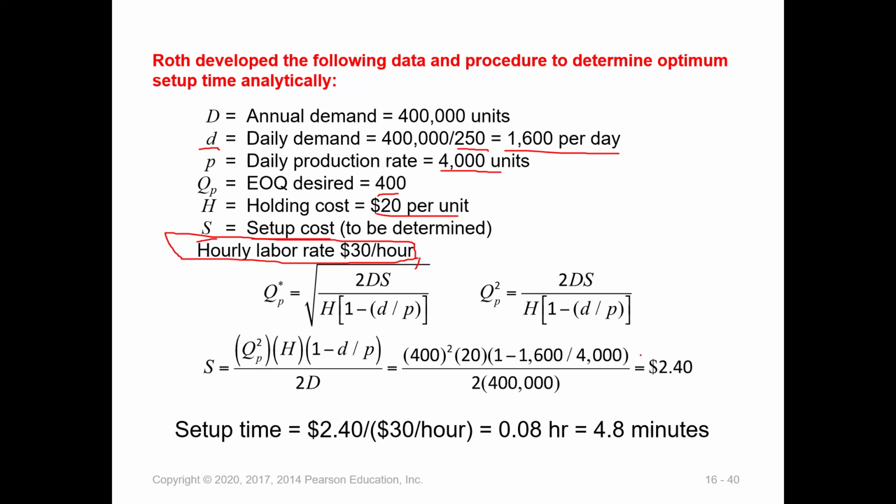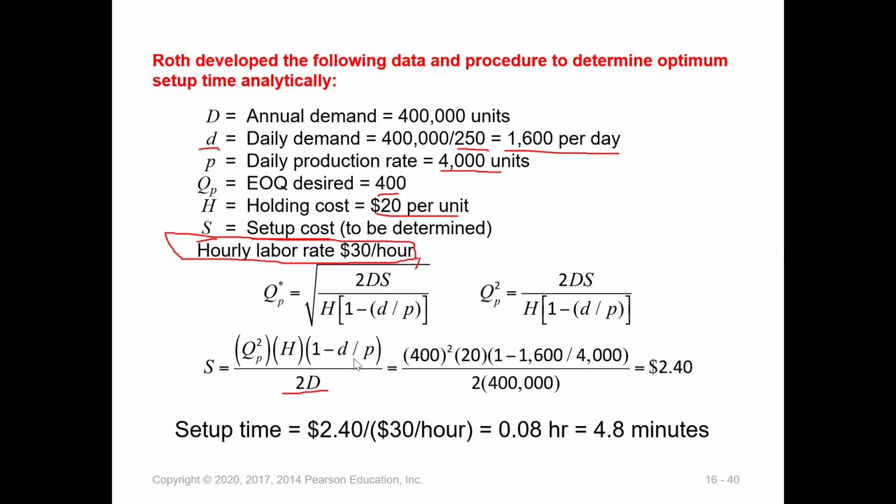And then you rearrange the equations, so at the end you will have S is equal to Q squared H (1 minus d over p) over 2 times the annual demand.